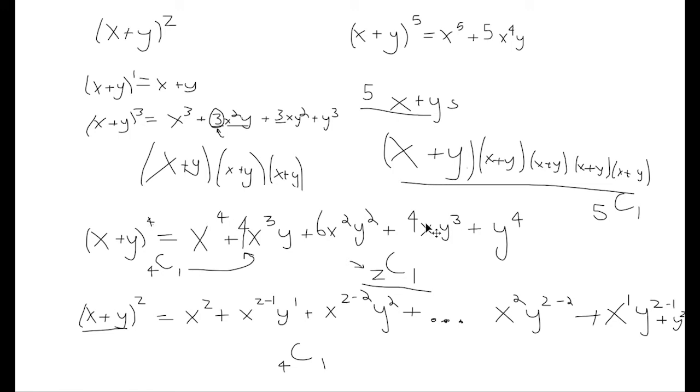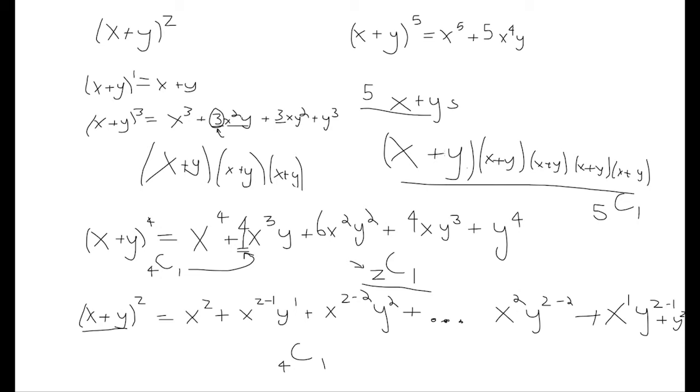So let me just recap to make sure that makes sense. For x plus y to the 4th, the coefficient of its second term, where we are picking one of the x plus y's to be y, is 4 choose 1, right? For x plus y to the 5th, it is 5 choose 1. And it keeps going like that.